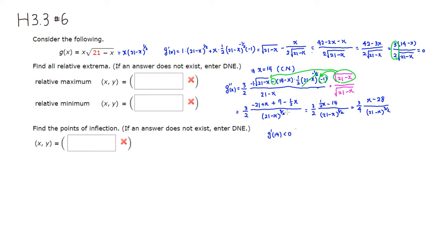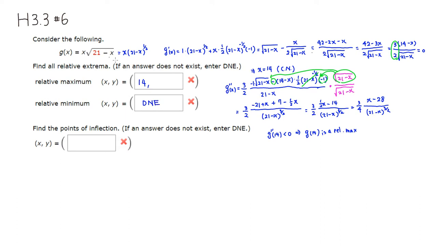Which means g of 14 is facing down, curving down, so concave down, so it's going to be a relative max. So I know that the relative max is at 14, and the relative min does not exist.